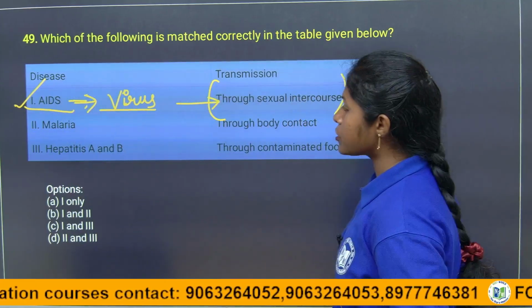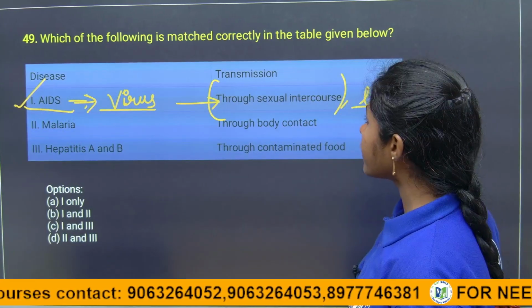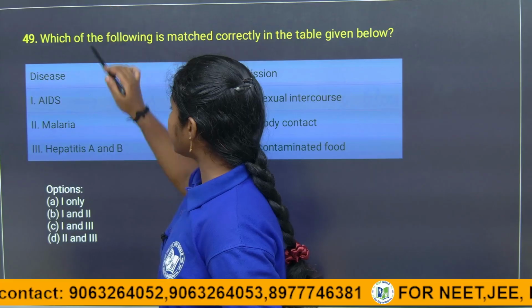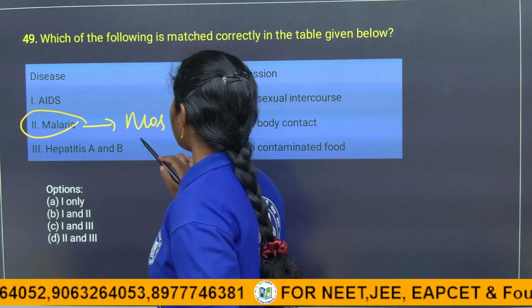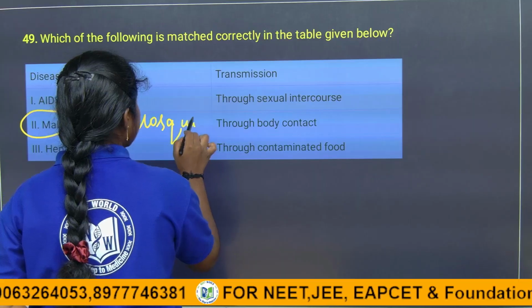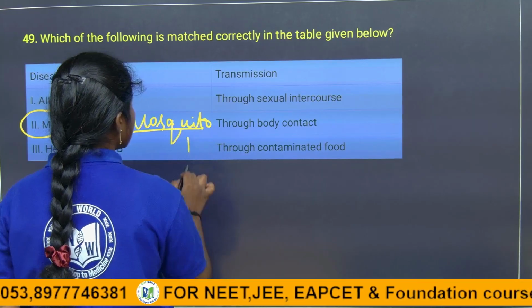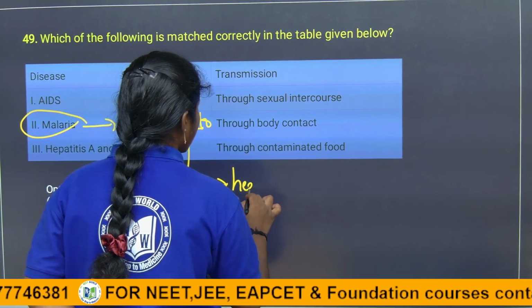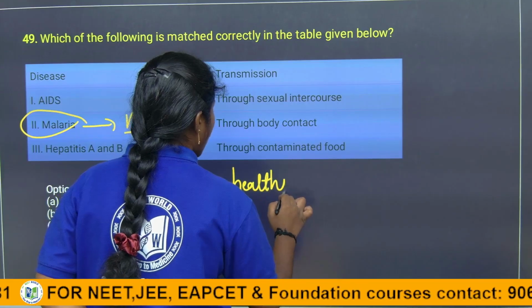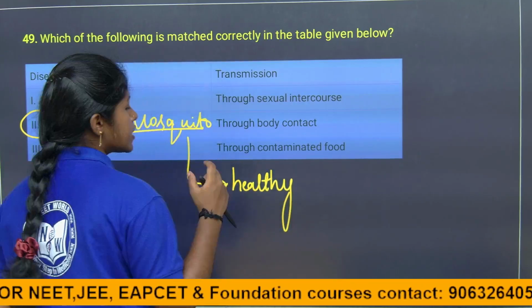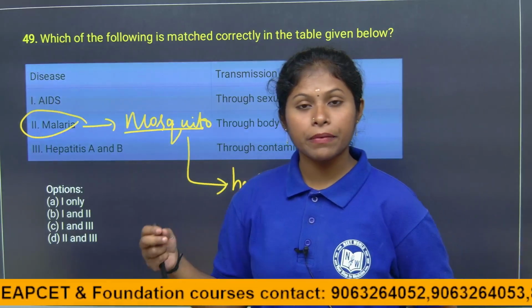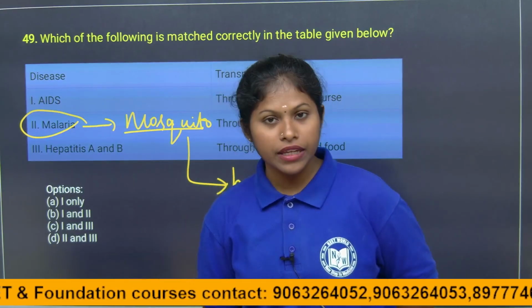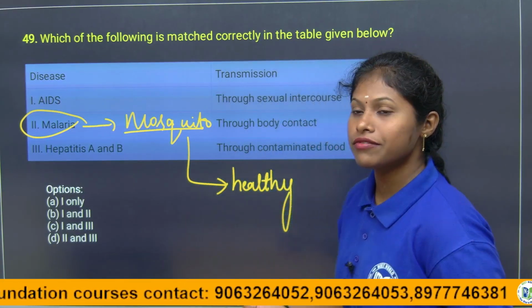Coming to the next option, malaria. Malaria through body contact? No. Malaria, the vector is mosquito. Through the female Anopheles mosquito, it is traveling to the healthy person, right? When it sucks the blood from the ill person who has the protozoan called Plasmodium, children, they are affected.